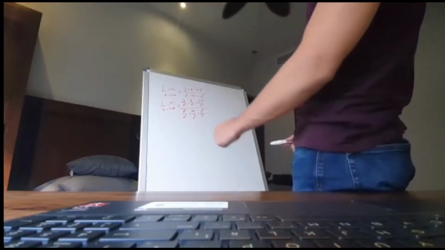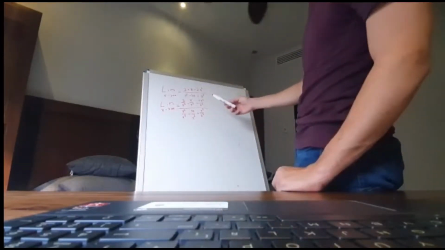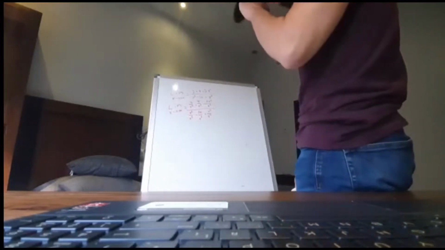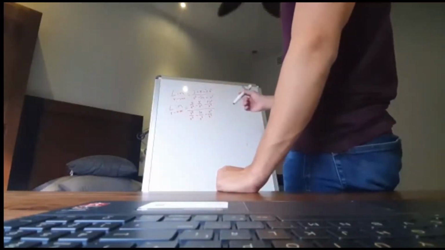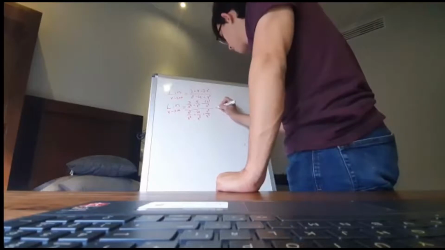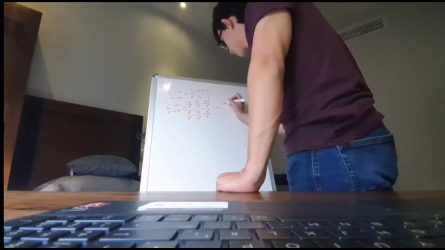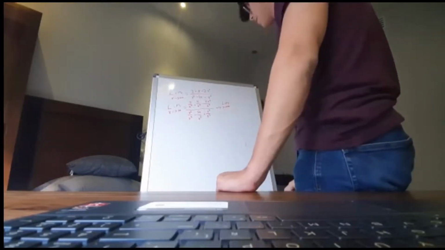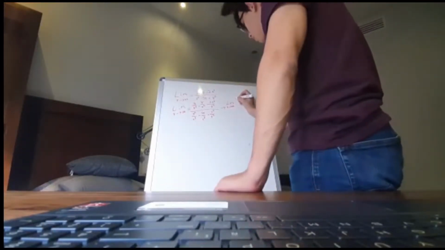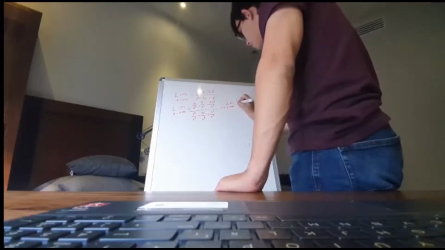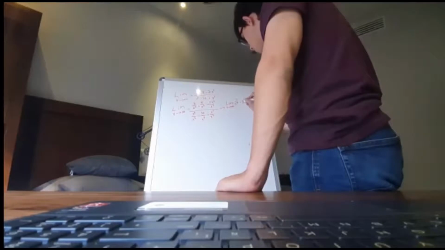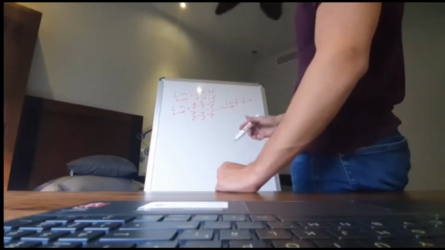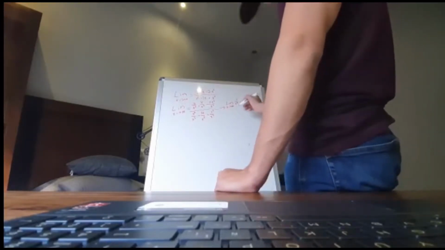So basically we divided everything by the highest exponent, and then we need to cancel out all the x's. As x approaches infinite, never forget that. In this case we end up with 3 over x cubed plus 1 over x squared minus 2, because all the x's cancel out and we end up with minus 2.